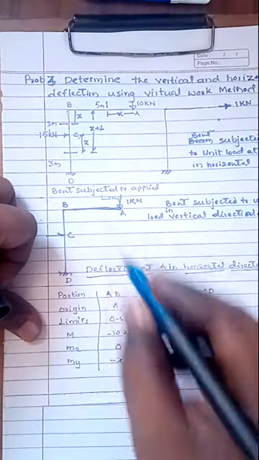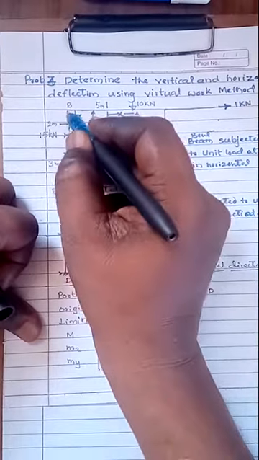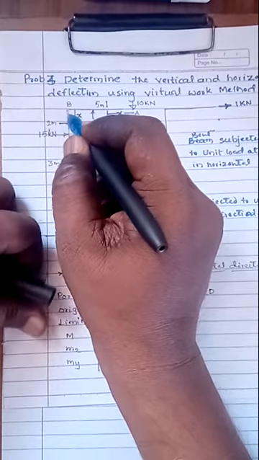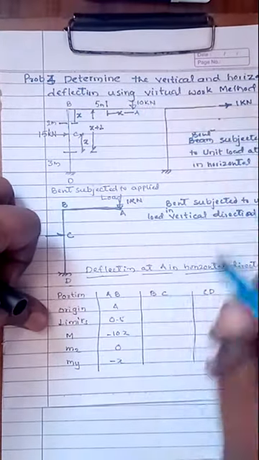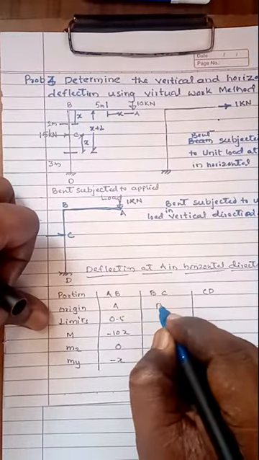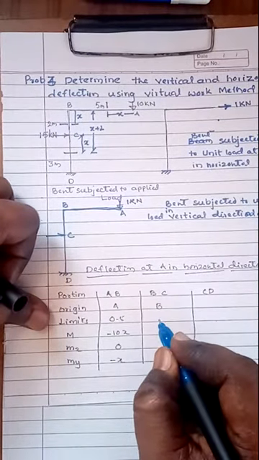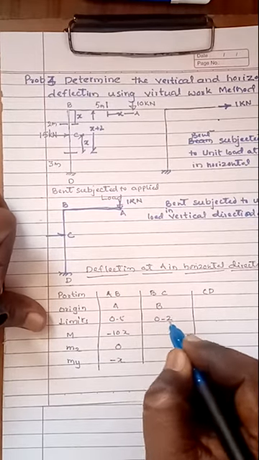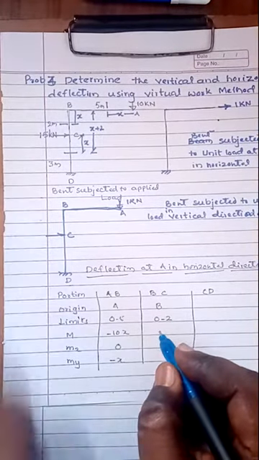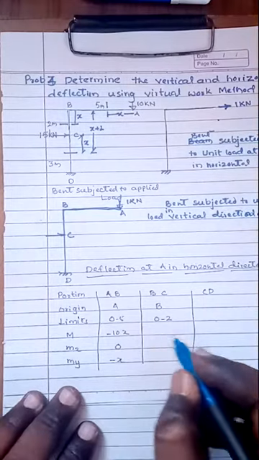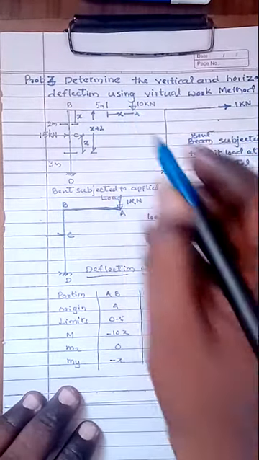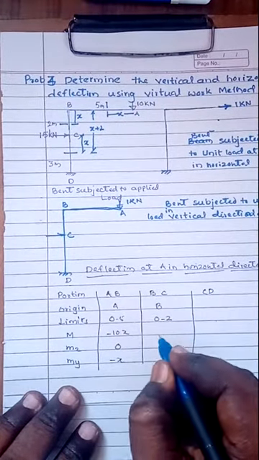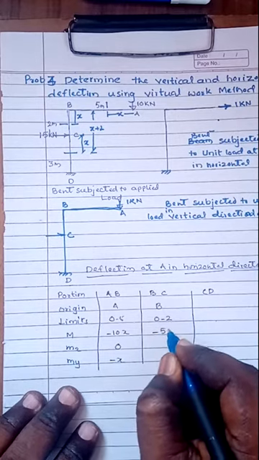In the second portion B to C, we consider B as the origin and a section at a distance x. x is the variable, and x varies from 0 at B to 2 meter at C. The bending moment due to the applied load is 10 into 5, that is minus 50.